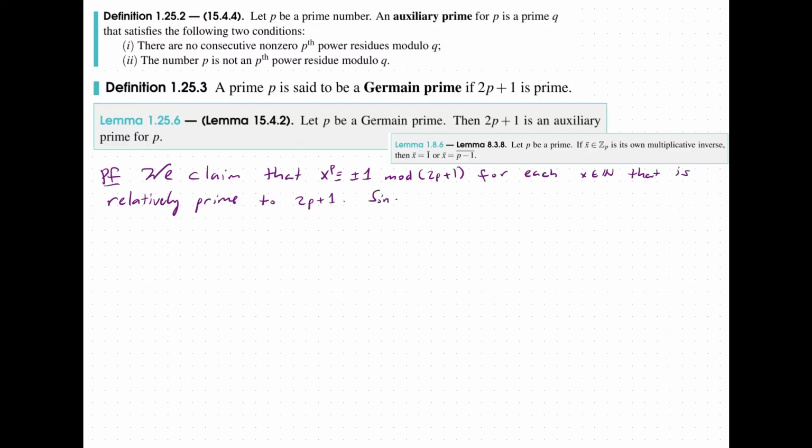Now since 2P plus 1 is prime by assumption, so we have that P is a Germain prime, that means that 2P plus 1 is prime.